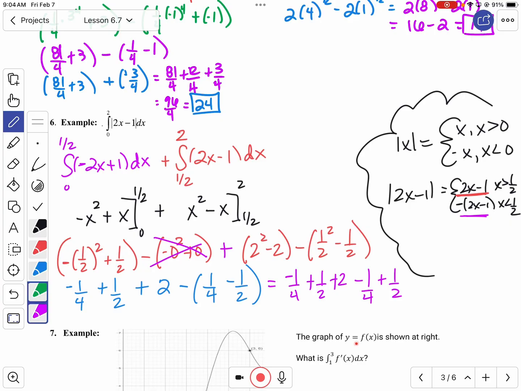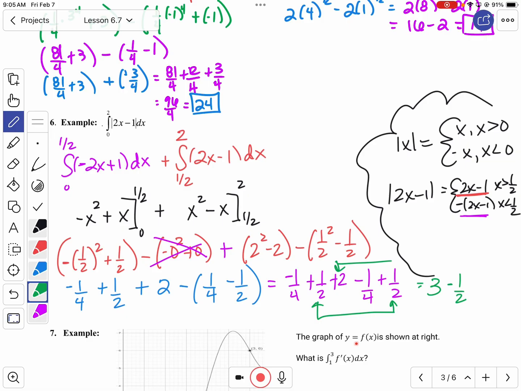Okay, what's my 1/2 plus a 1/2 going to give me? 1, and I'm going to add 2 to it, so what's my whole number? 3. And then I've got a negative 1/4 and another negative 1/4. That's a negative 1/2.